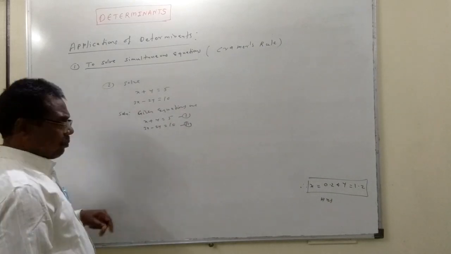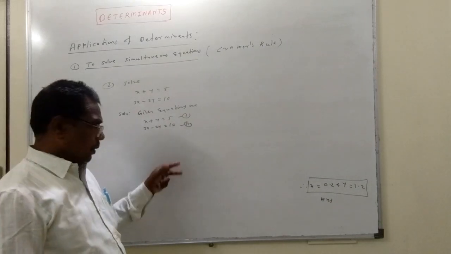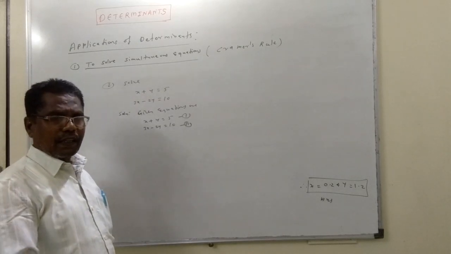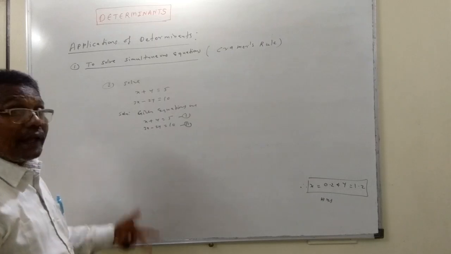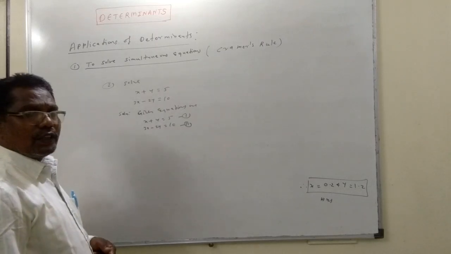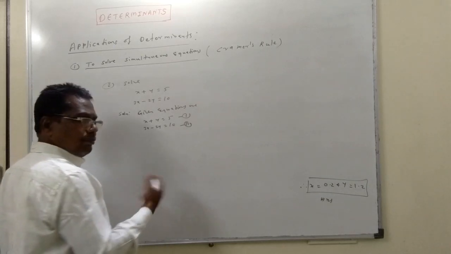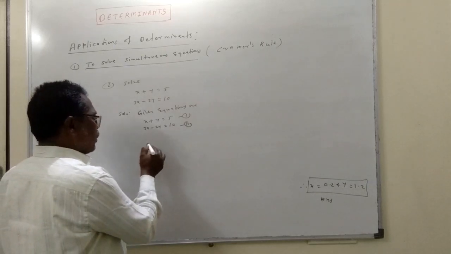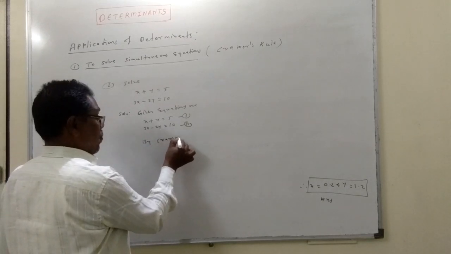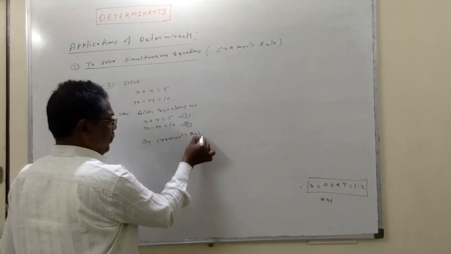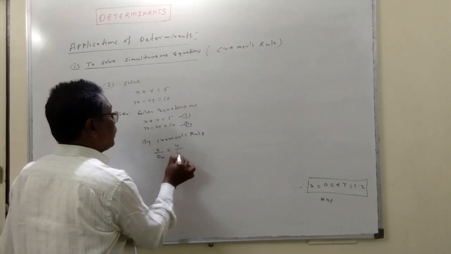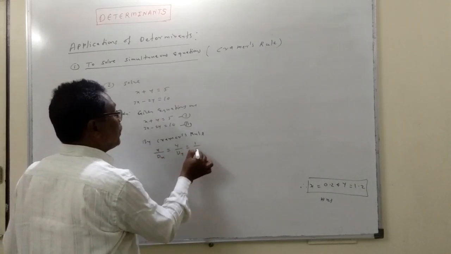Now here, the previous example, that method you follow in 10th standard and 9th standard, but for higher level mathematics, JEE exams, engineering, or maybe A-level, we can follow directly. So by Cramer's rule, in another form, x upon dx, y upon dy is equal to 1 upon d.